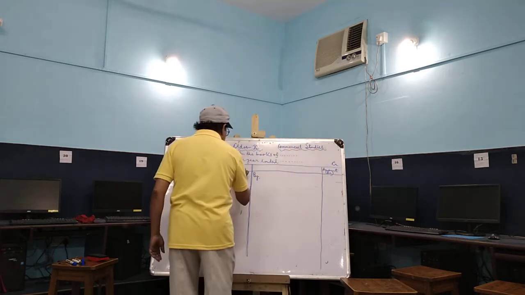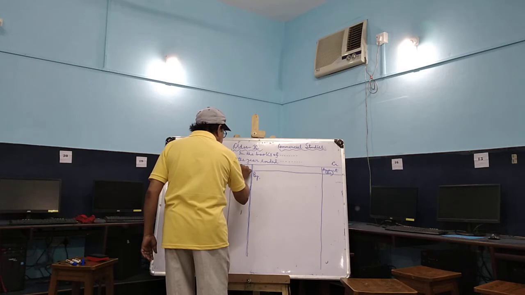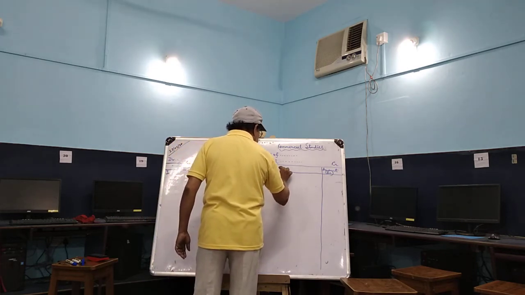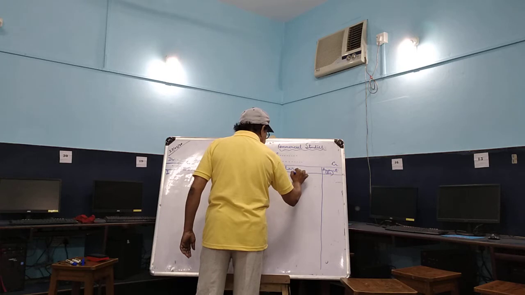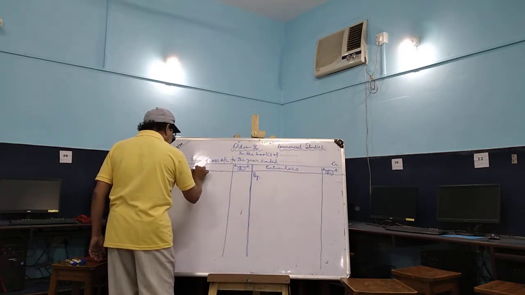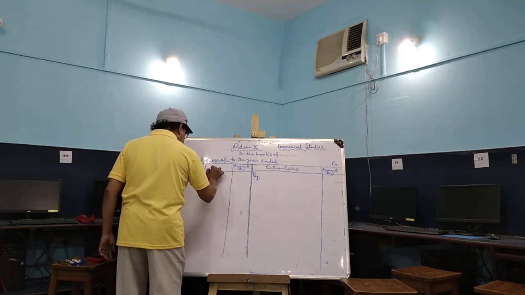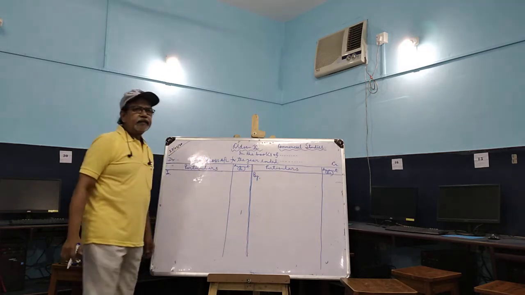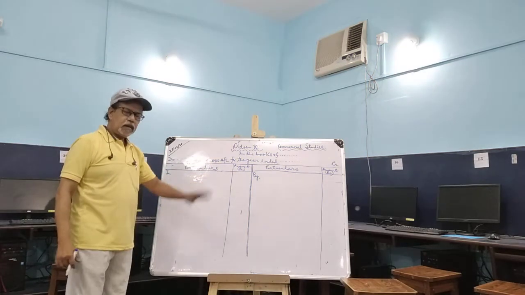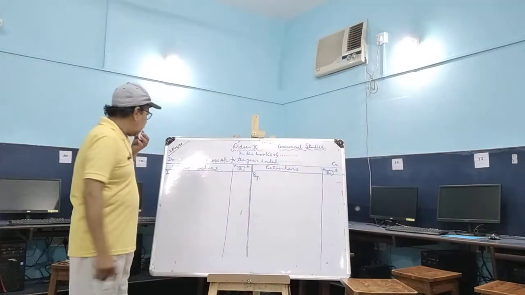You can write the symbol also, it's Rs. And this is the particulars column. So this is the format of a profit and loss account.